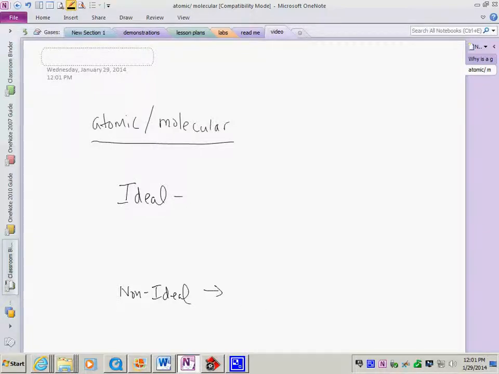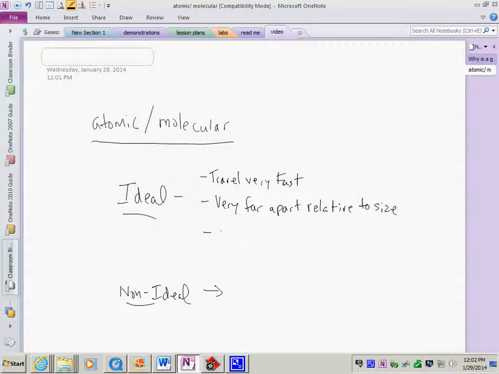Now, with an ideal gas versus a non-ideal gas, what we have here essentially is gas particles that are traveling very fast, depending on temperature. They are very far apart, relative to size.